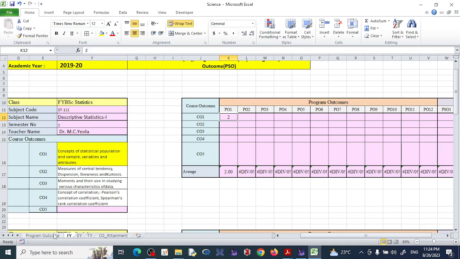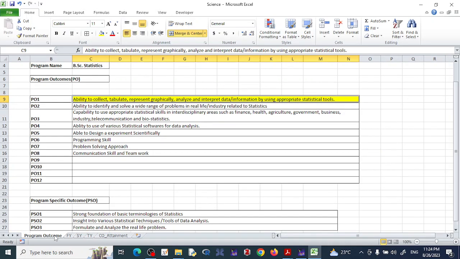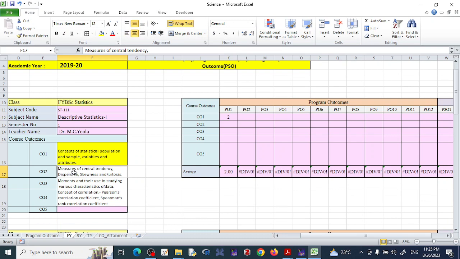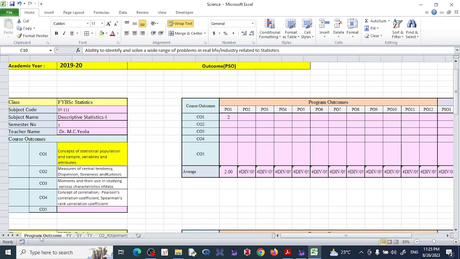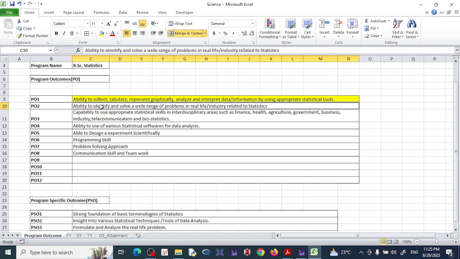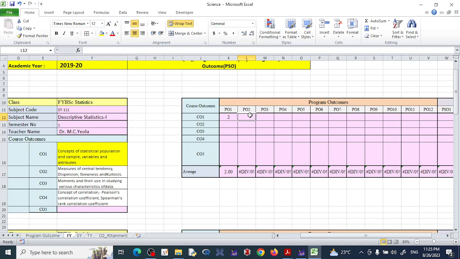In the same way, for PO2, how much of this program outcome is achieved by this course outcome, measures of central tendency, dispersion, skewness and kurtosis. Suppose I also think that it is 2.